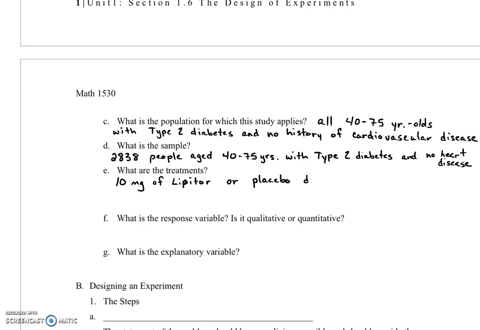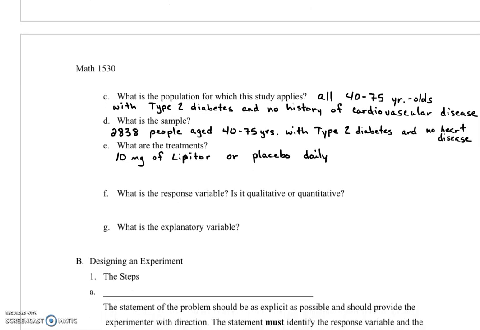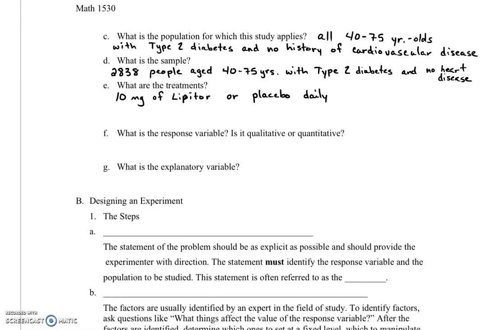And that happened daily for both groups. So those are the treatments. What's the response variable? In other words, what were they seeing when they followed these patients for 4 years? They were seeing whether or not the subject had a cardiovascular event.